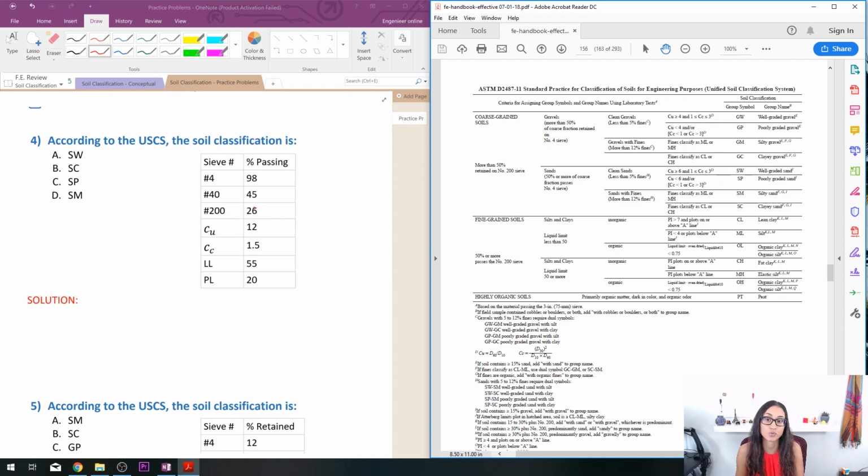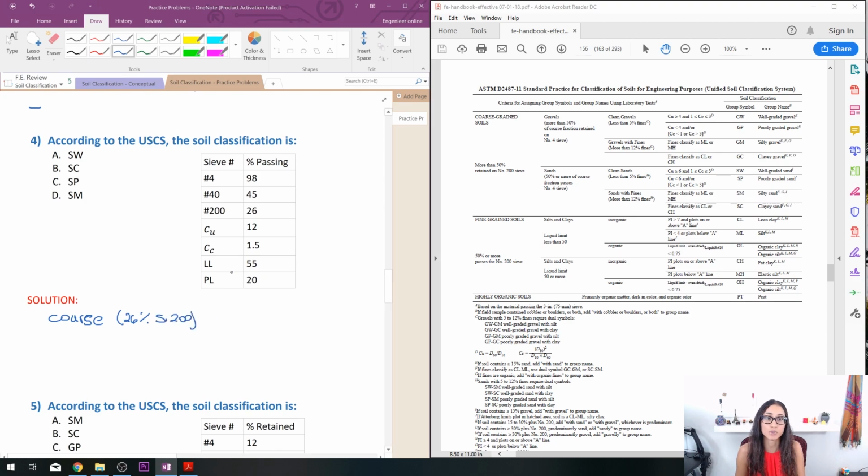Here I have 26% that passes, and I need 50% or more to pass sieve 200 for fine-grained. So I'm going to say this soil is coarse, because I have 26% passing sieve 200.